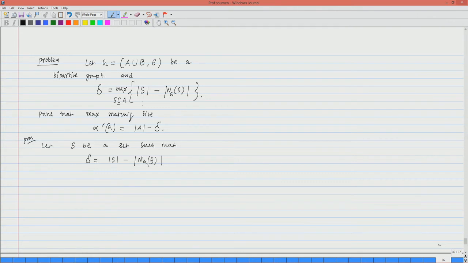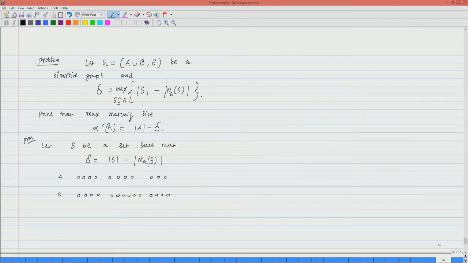So, proving the maximum size matching is the same as proving that the minimum vertex cover is A minus delta, and since in case of a bipartite graph we know that the maximum size of a matching is equal to the minimum vertex cover, if you can prove that the minimum vertex cover in this case is A minus delta, you are done basically. So, this is my set A, this is my set B, and there are some vertices here in A, some vertices there in B. Okay.